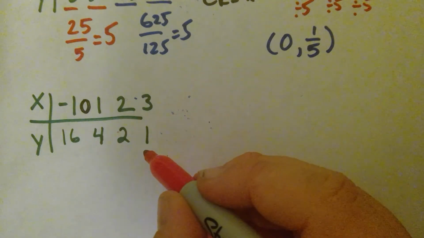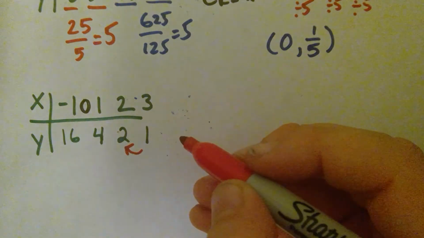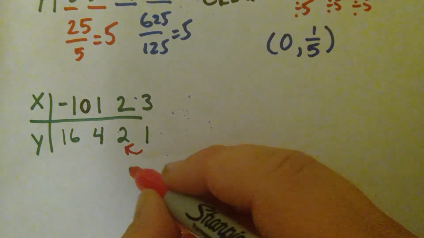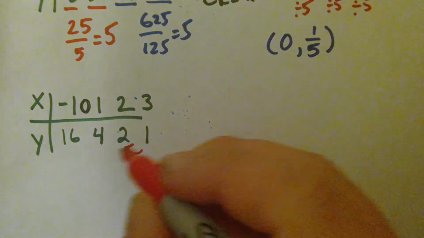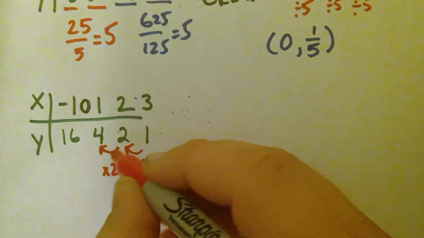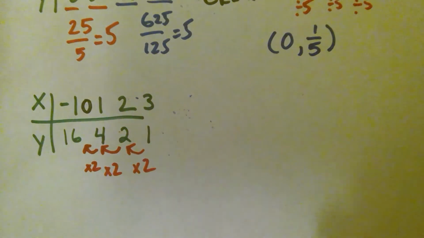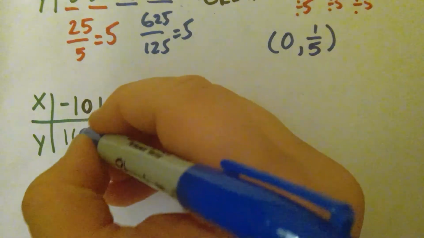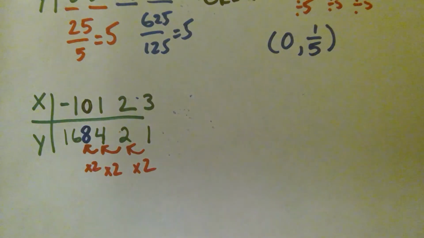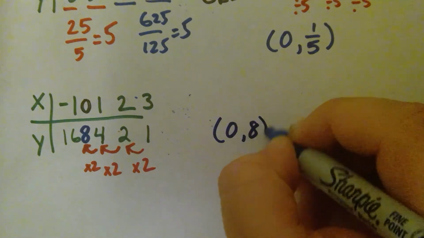If I'm going backwards from 1 to 2, I always think about multiplication and division. So I think that's probably times 2 here. Our pattern still is times 2. Then we want to fill in this blank spot right here with times 2. 4 times 2 is going to give us 8. So our y-intercept here is (0, 8).